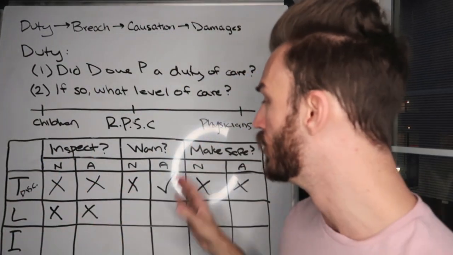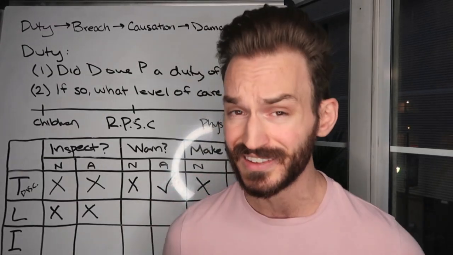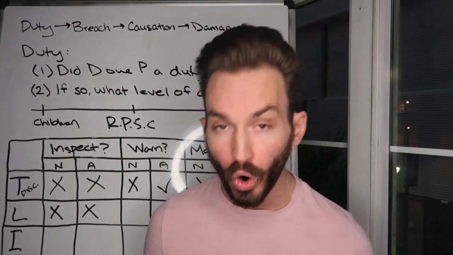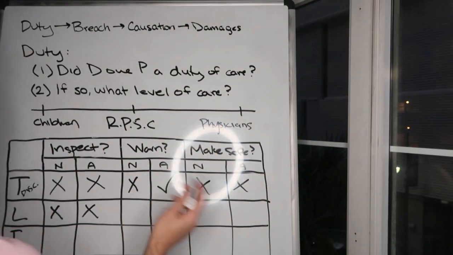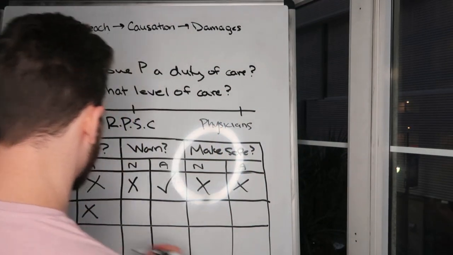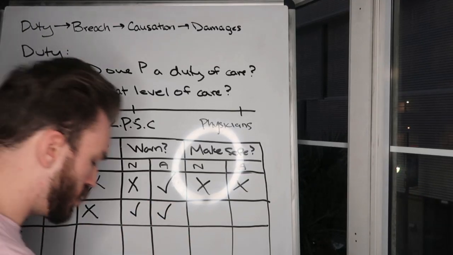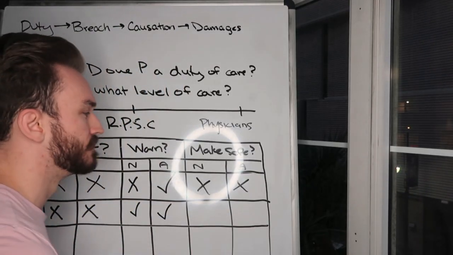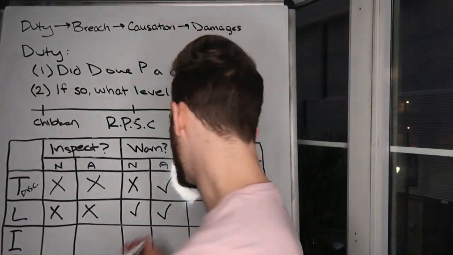Okay, do you have a duty to warn? So if you don't have to inspect, but if you know there's a hidden danger, do you have a duty to warn your social guests? Yes. There is going to be a duty, and it doesn't matter if it's natural or artificial, you have a duty to warn. Now, you can also make safe, right? Making something safe is better than warning, so this would also suffice.